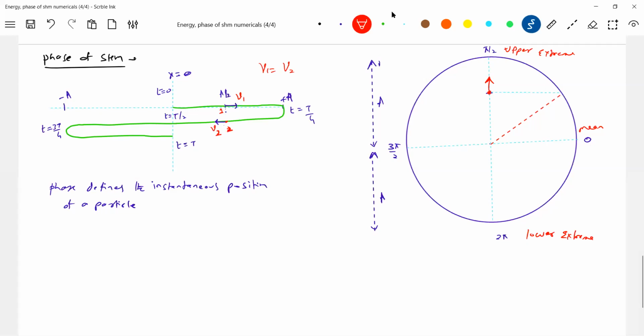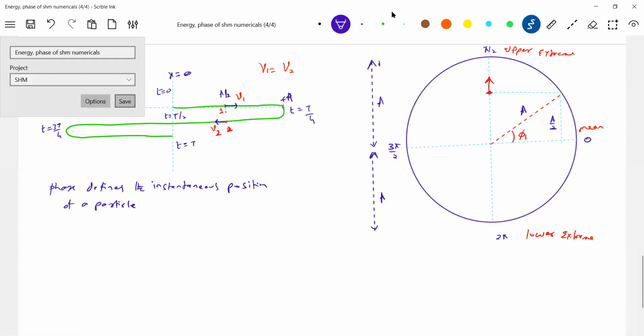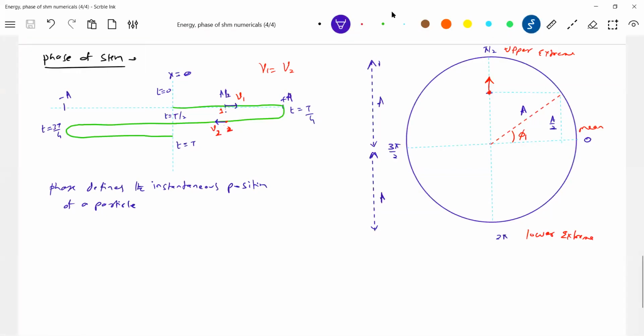How to calculate the phase at 1? I'll call the phase phi 1, and we'll write it. From mathematics, this should be equal to a only, the radius. This is a, so what is this distance? A by 2. What is sine phi 1?